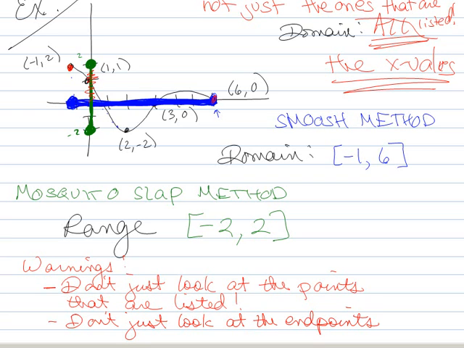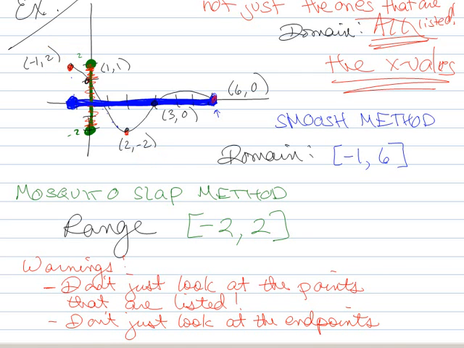You have to go from as high as it goes to as far down as it goes. So even though this is like a midpoint, it's not an endpoint, it still counts. So don't just look at these 2 points here and say, oh, well, it goes from 0 to 2. You've got to look at the lowest point that it gets at all the way to the highest point that it gets at to do this effectively. Okay?